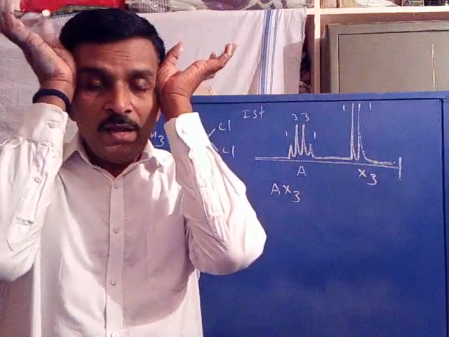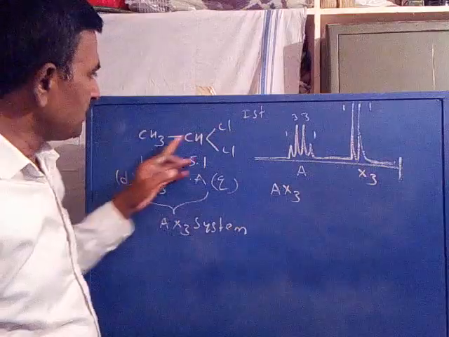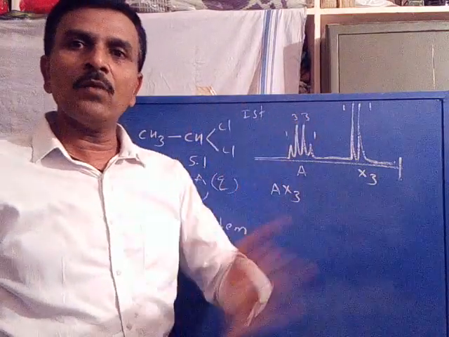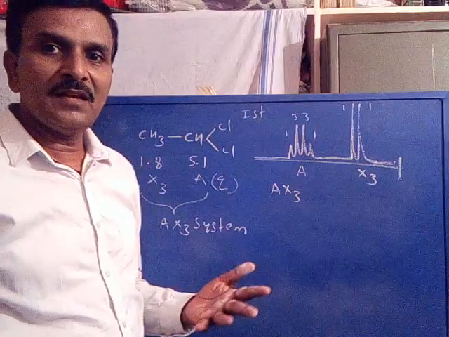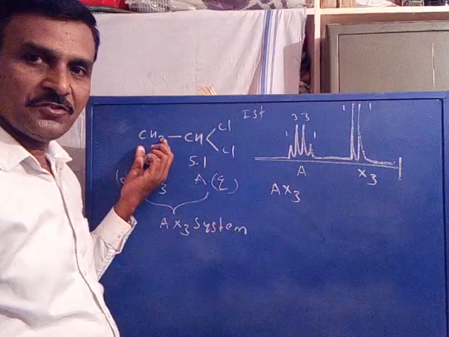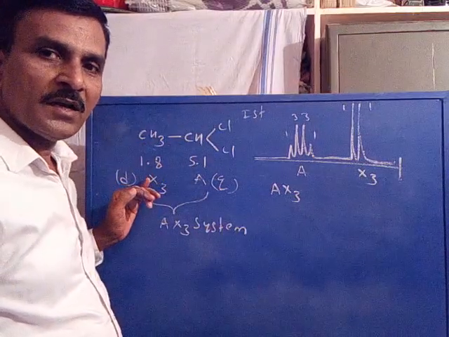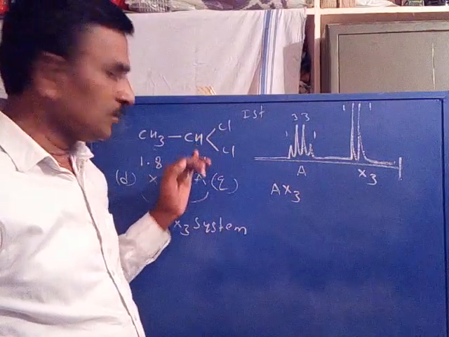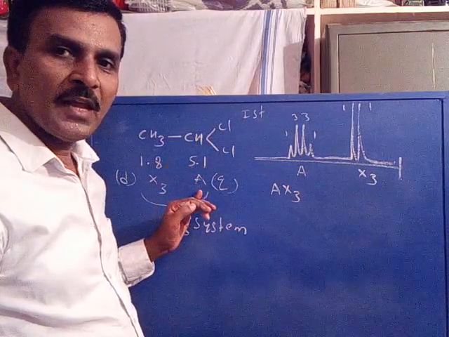So this is about the AX3 system. Changing the two chloro groups with any other, you can make your own examples. For the AX3 system, you keep CH3 as such, because 3 protons are required at lower delta value, and 1 proton is required to appear at higher delta value for the A proton.